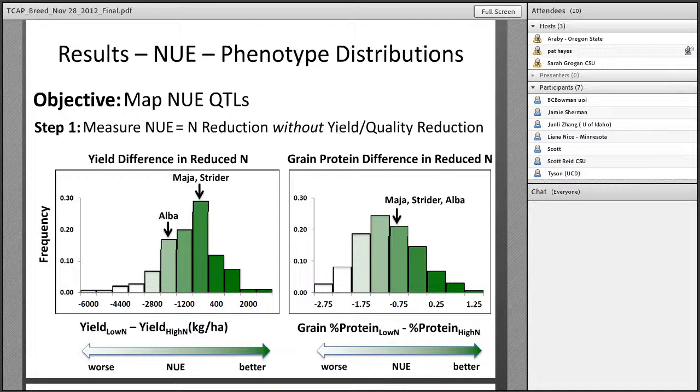The more negative this value is, the worse the nitrogen use efficiency is; the higher the value is, the better. And again, there's a nice spread of phenotypic values, which hopefully will be due mostly to genotype, and we can map some alleles for nitrogen use efficiency.